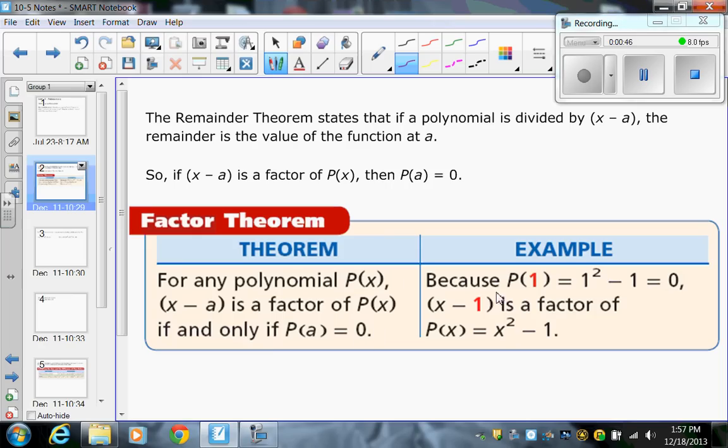So for example, because the value at 1 of 1 squared minus 1 equals 0, I can say that x minus 1 is a factor of the polynomial x squared minus 1.